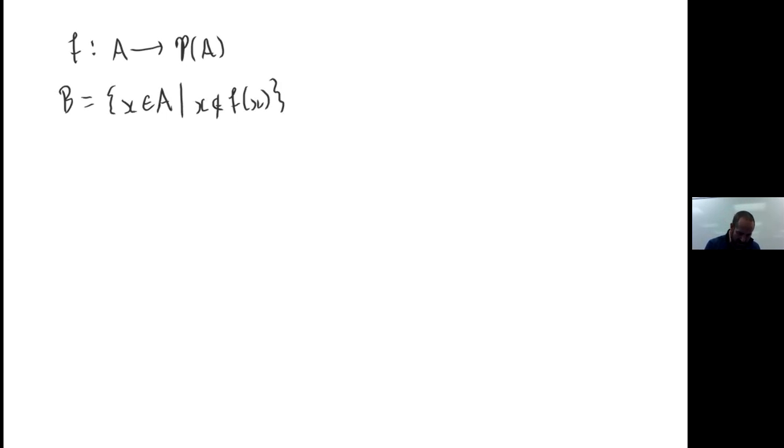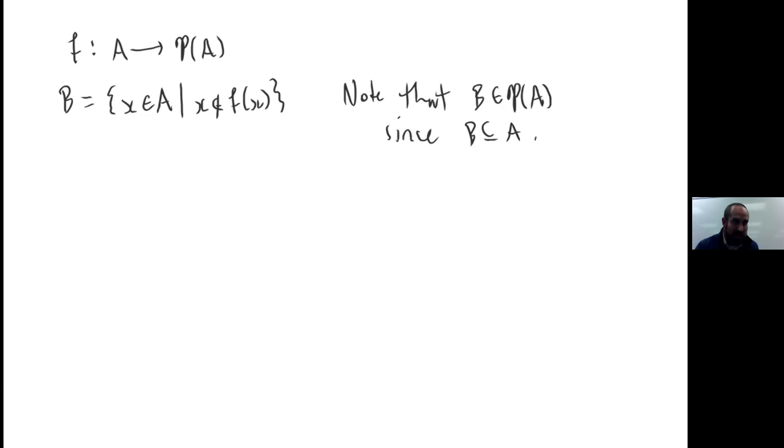So note that, of course, B is an element of the power set of A, since B is a subset of A, right? It's a subset of elements of A, yeah?